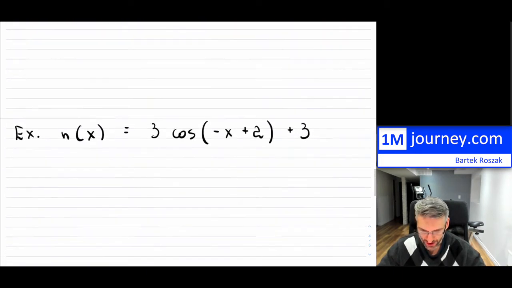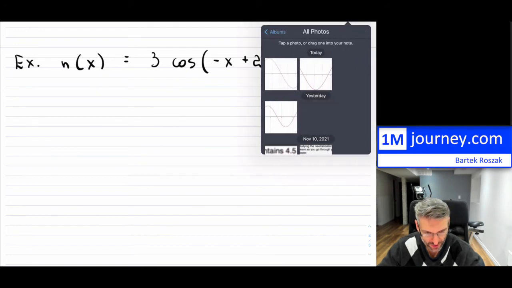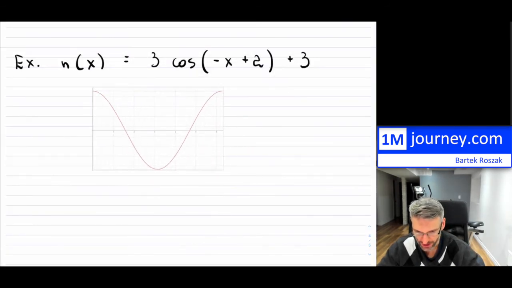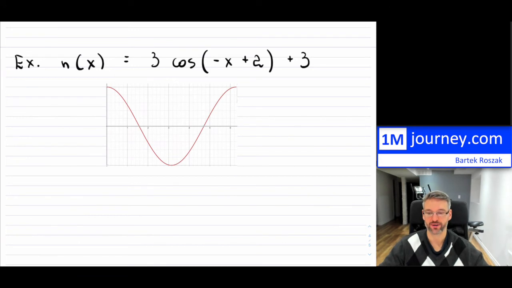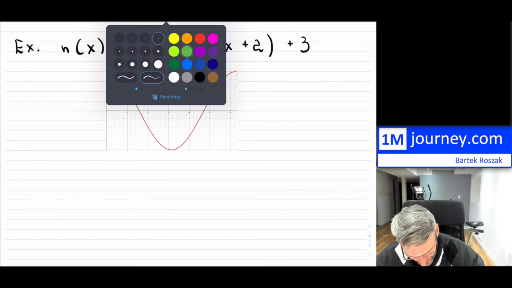And here is cos. Now for cos, let me remind you, I think I kind of put it in here. That's kind of how cos looks like, right? And here we have n of x. And now here we're going to try to transform this one. So how will we do that?